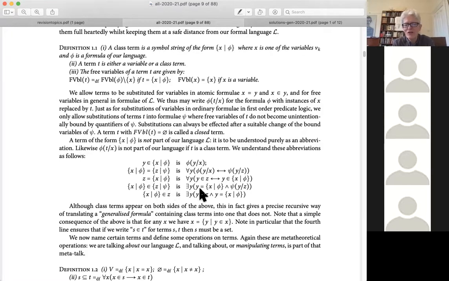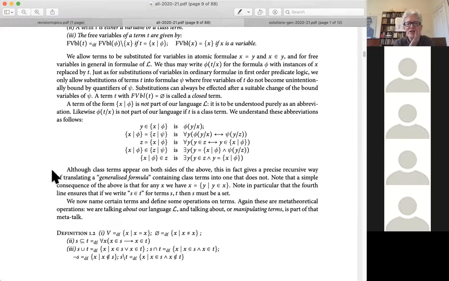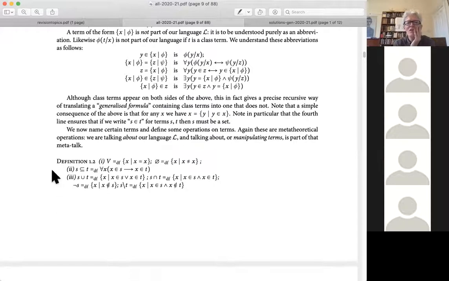It's a no-no to start talking about proper classes being members of things. Proper classes aren't members of anything at all. So it says there is a set y, using lowercase here for these set variables. There's a lowercase y, which is this term, and psi holds of that y. Okay, so this expands our language.